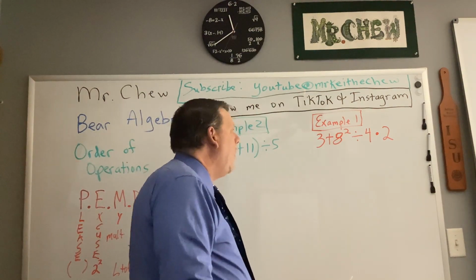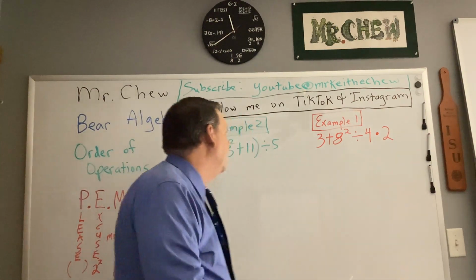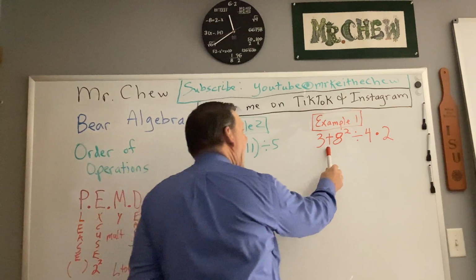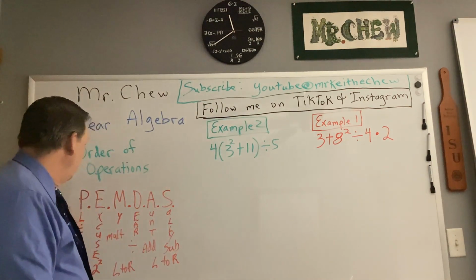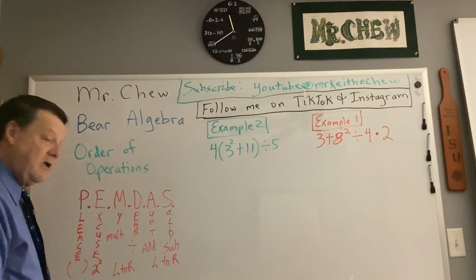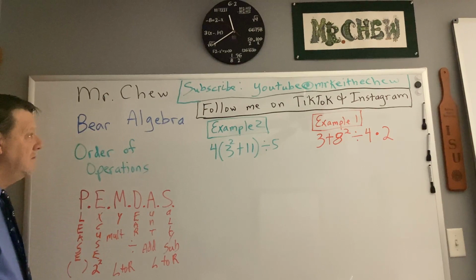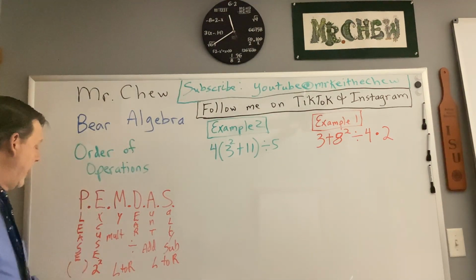In example 1, it has 3 plus 8 squared divided by 4 times 2. Do you add, do an exponent, divide, or multiply first? So are there any parentheses in this? Not in example 1. Are there any exponents?